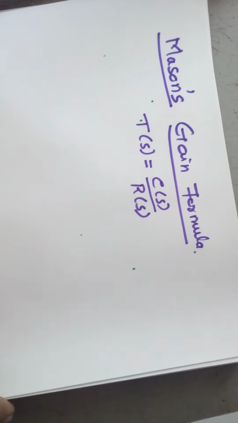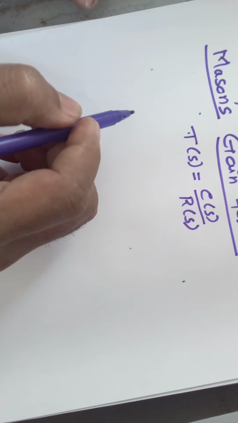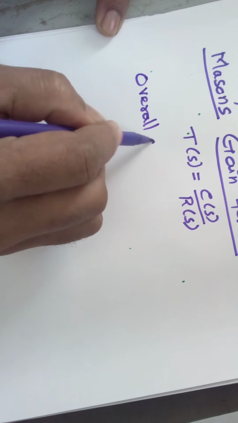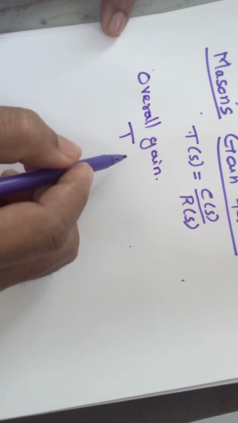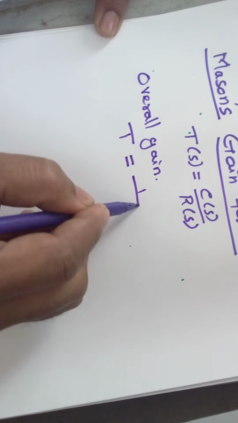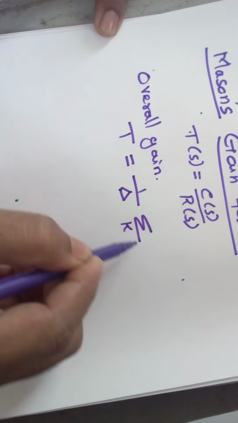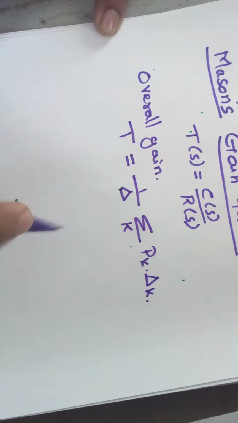Mason's gain formula states the overall gain of the system. The overall gain of the system is T, or T of S, equal to 1 by delta into summation over k of Pk into delta k.